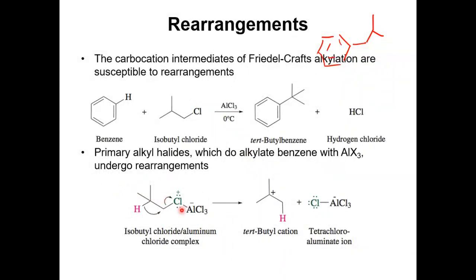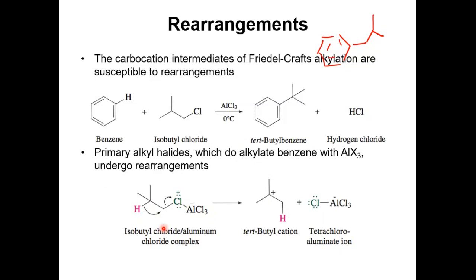When this complex undergoes the dissociation reaction, producing the true electrophile, the carbocation, it won't form the so-called expected primary carbocation, because as we know, the primary carbocation is so unstable.